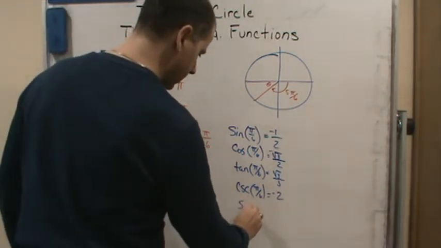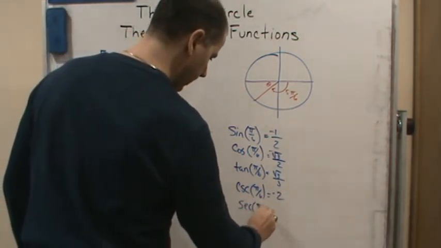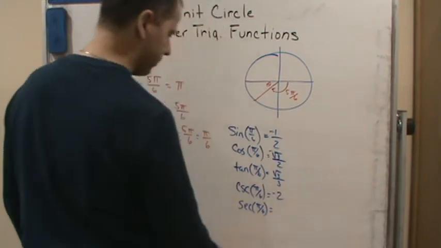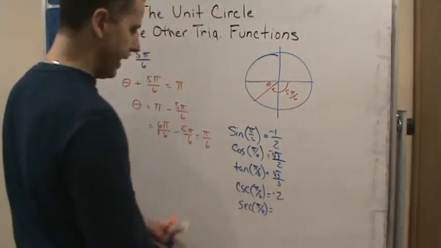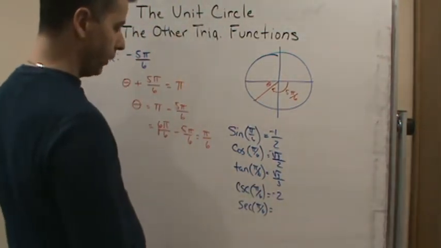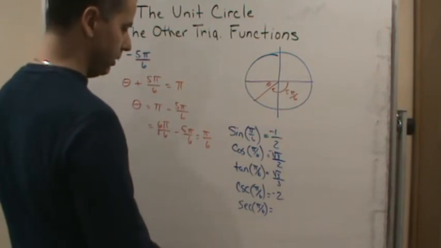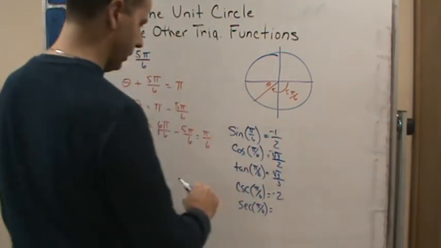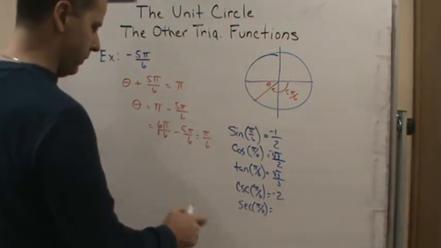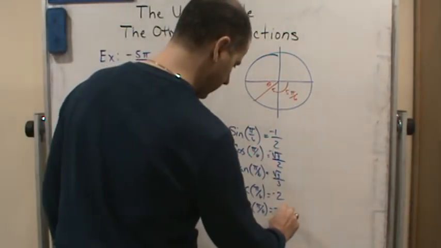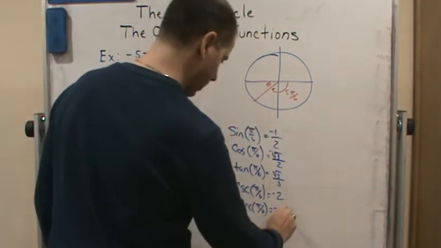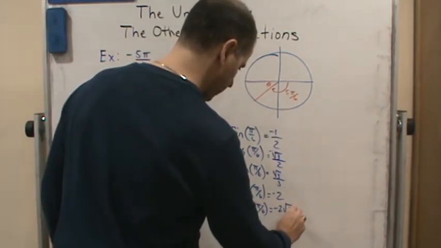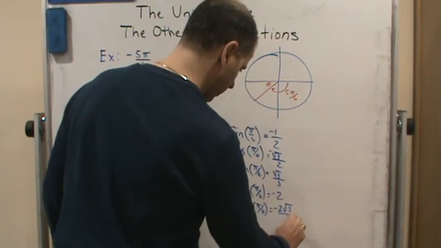And secant of pi over 6 is the reciprocal of cosine. So that's going to be negative 2 root 3 over 3.